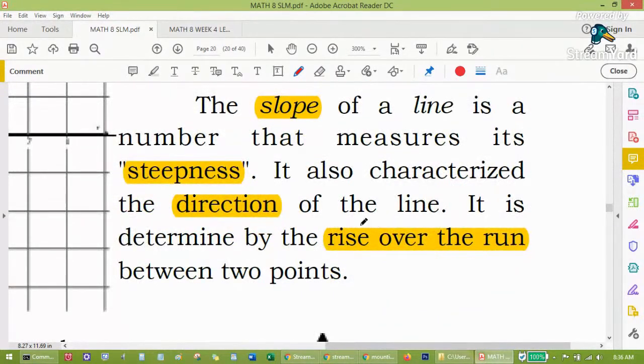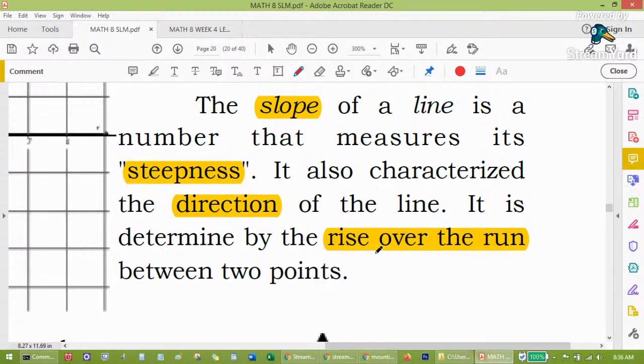So the slope is the rise over the run. Rise over the run. So, pag sinabing rise, ang pag-angat niya, rise. Pag sinabing run, horizontal, yung pag tumakbo ka, either tumakbo ka sa kanan or tumakbo ka sa kaliwa.